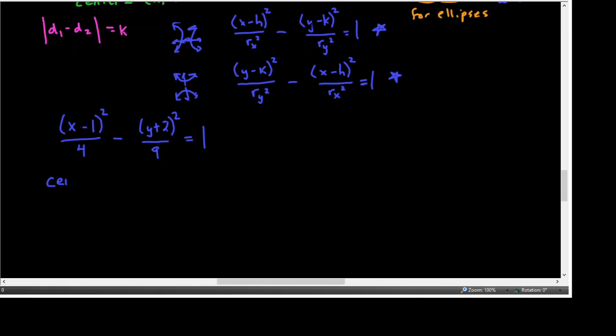Okay, so the center is at h, which is with x, so 1, comma k, which is with y, negative 2. R sub x is the square root of 4, so it's 2. R sub y is the square root of 9, so it's 3.